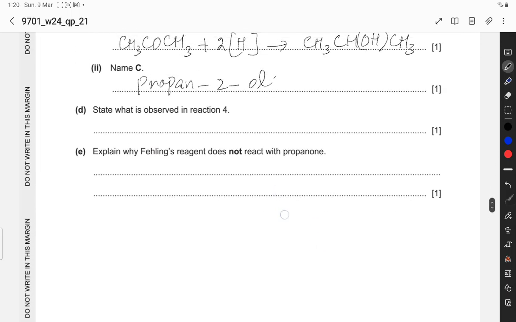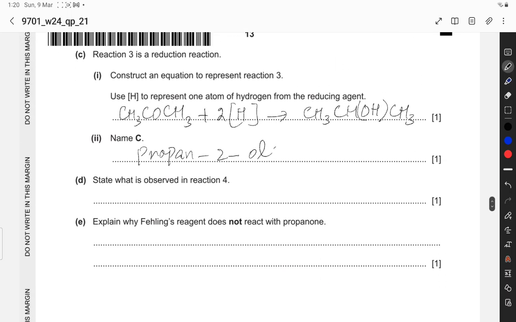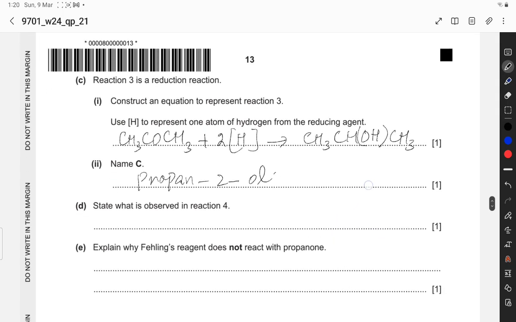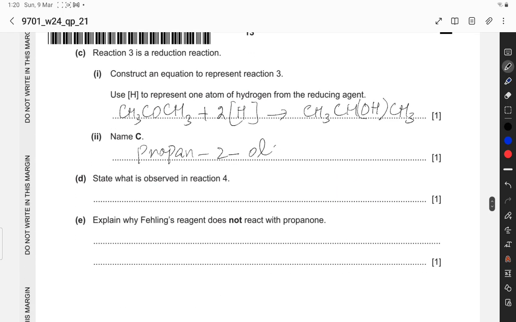State what is observed in reaction 4: red or orange precipitate, red PPT. Explain why Fehling's reagent does not react with propanone.